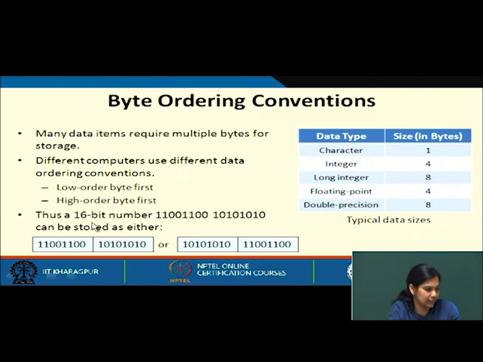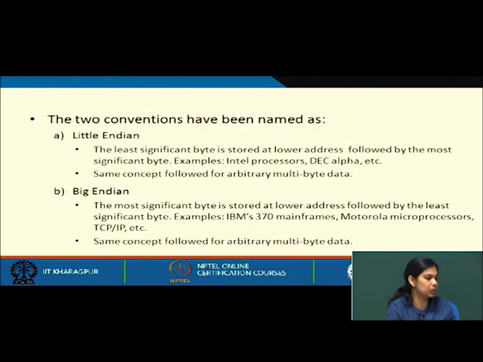Thus, if you have a 16-bit number which is represented like this, so in one way this is the total number, high order byte is stored in high order address and the low order is stored here and so on. Here it is stored differently. This is stored first and this is stored next. So, let us see the two conventions.